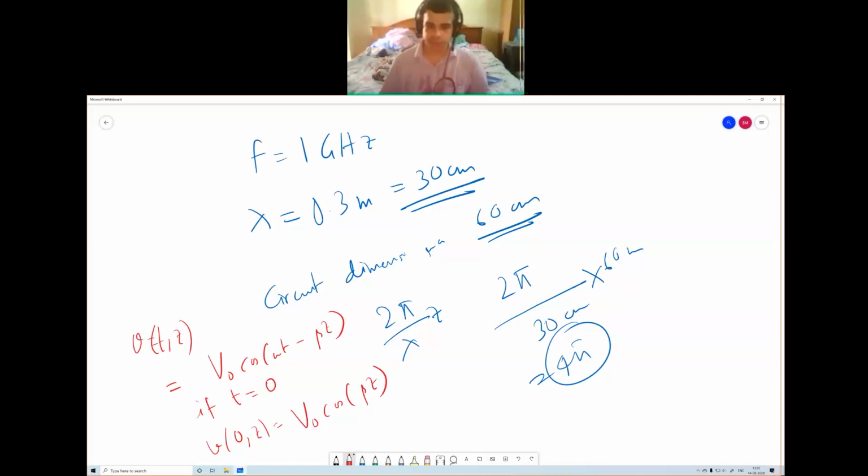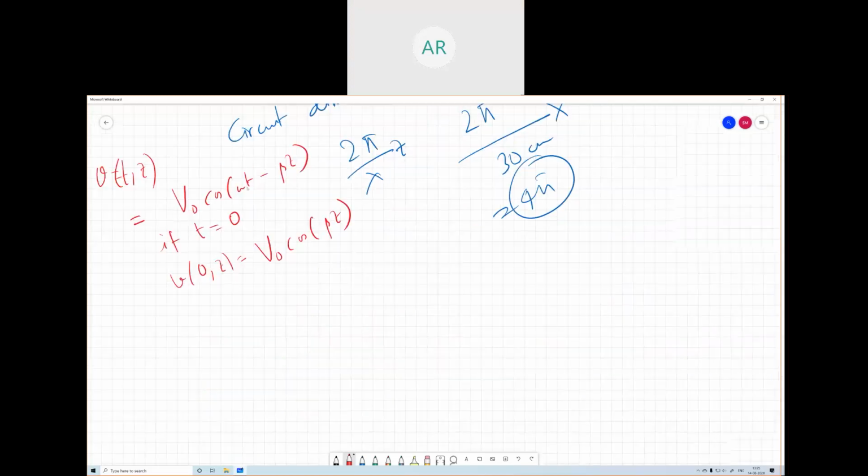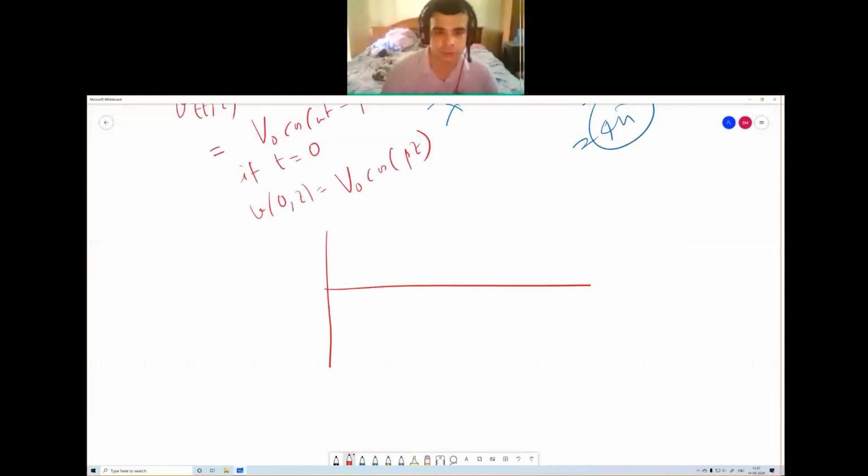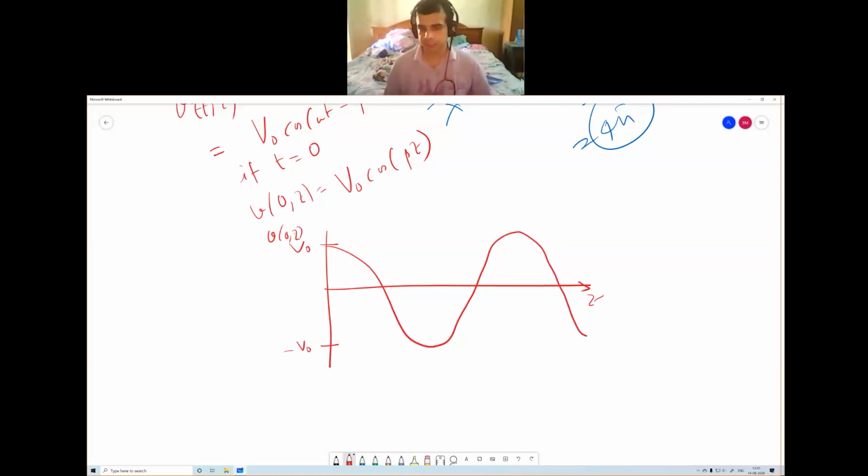If I plot V of 0 and z with respect to z, this is z, this is V naught, this is minus V naught. Correct? It looks something like this, a cosine wave. In our circuit, what will happen?